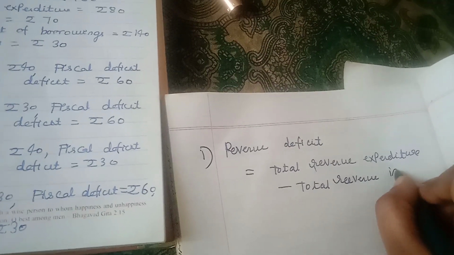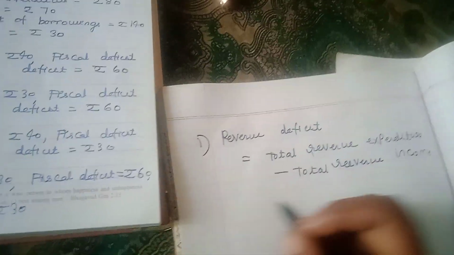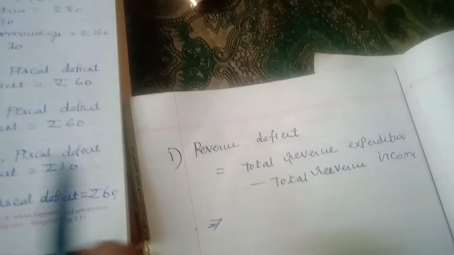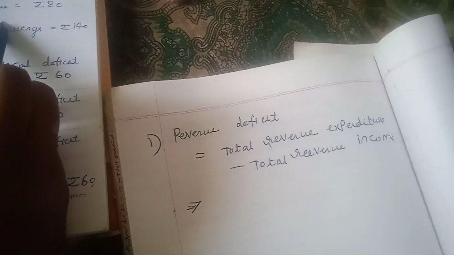Total revenue income, which is nothing but here total revenue receipts is 70.